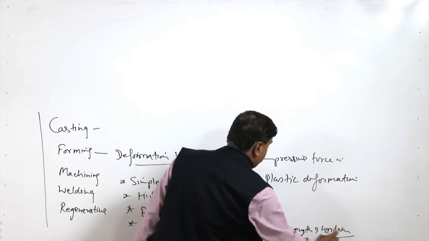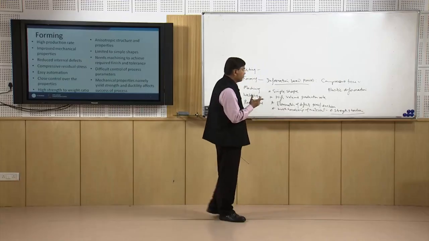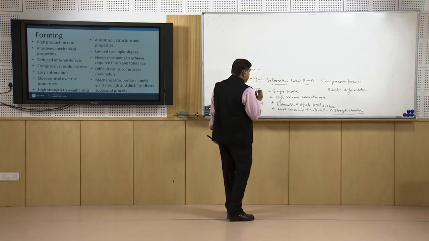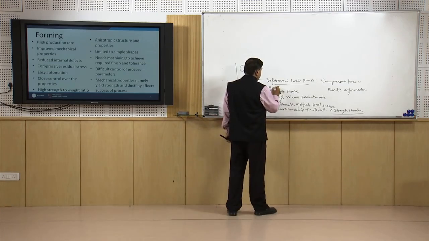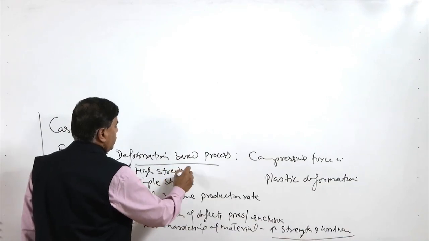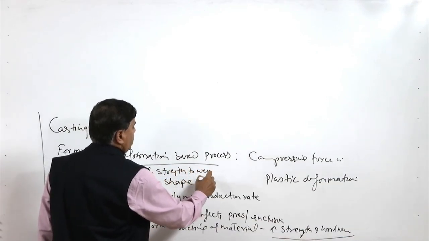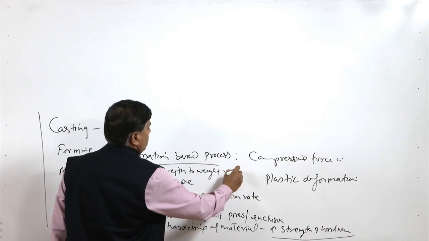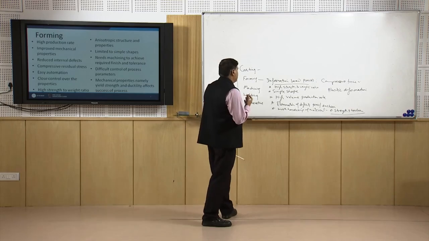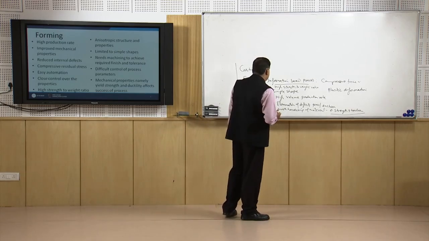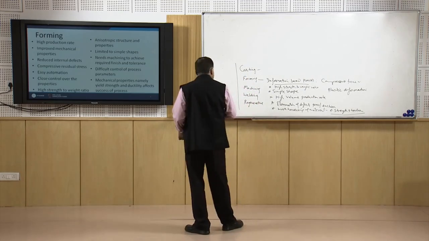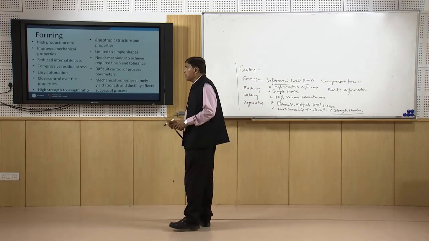So, basically property enhancement takes place in the products which are made by the deformation based processes, and this in turn also leads to the high strength to weight ratio. These features are therefore exploited in making a number of components for the automotive sector.